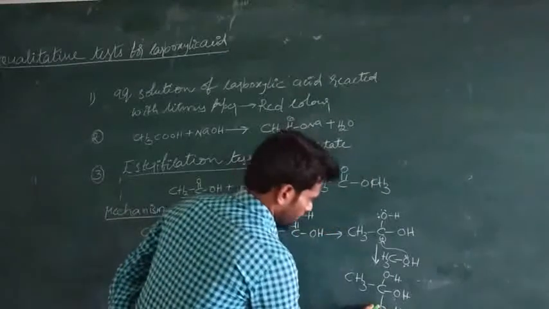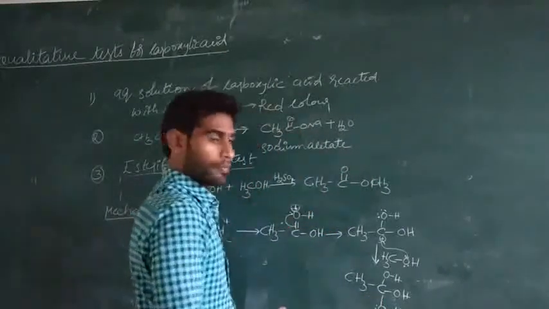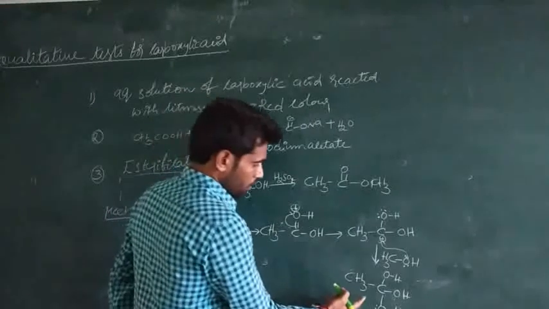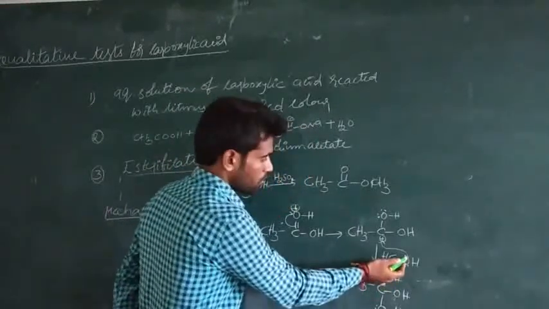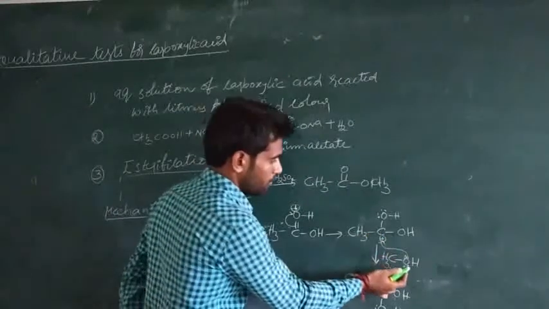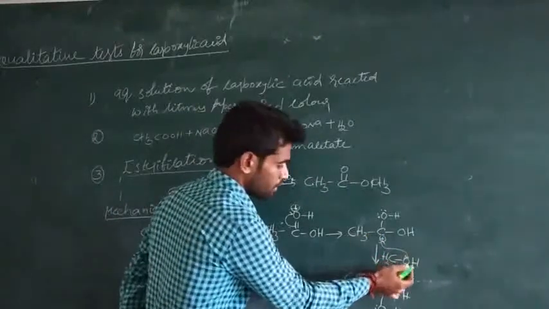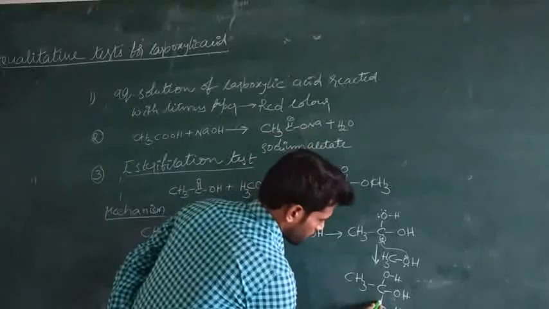Now what happened? This oxygen atom utilizes its lone pair of electrons to make a bond with the carbon atom, and as a result of this, oxygen is getting the positive charge.